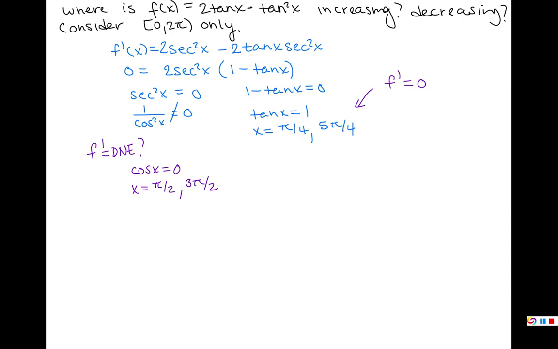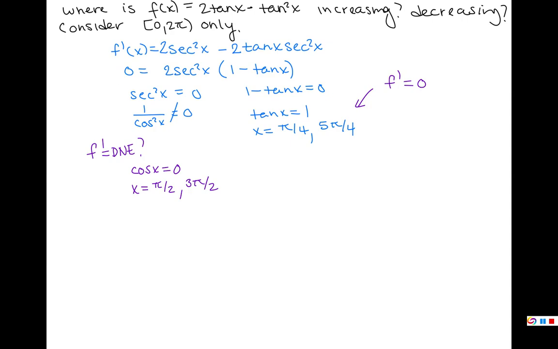Both of those trig functions have denominators that are cosine x. Right? So secant is 1 over cosine, tangent is sine over cosine. So both the function and the derivative are undefined when cosine x equals 0. So we have to set the denominator equal to 0.